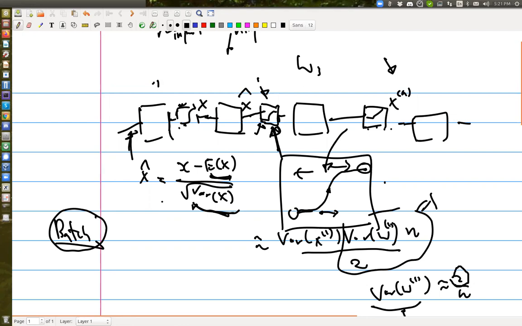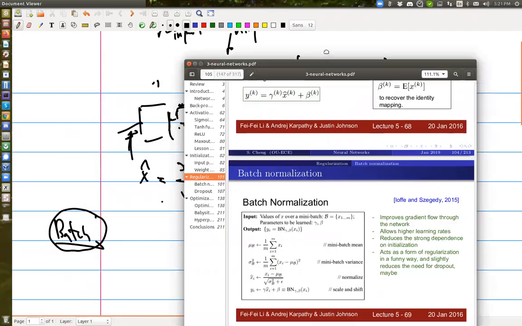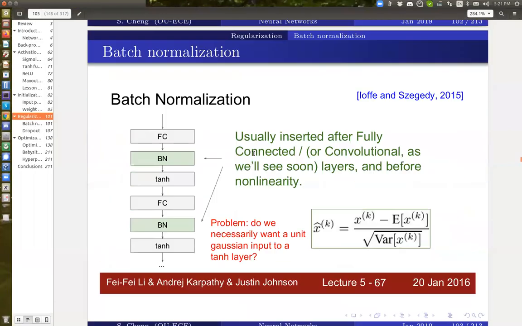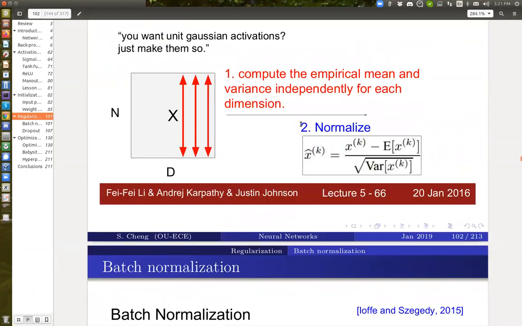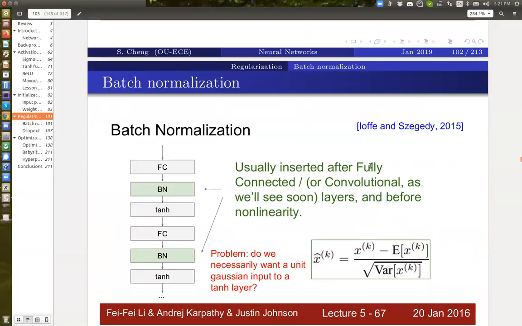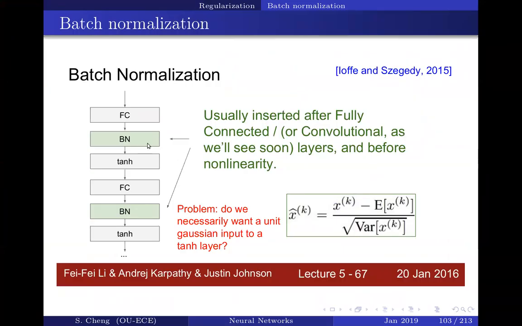Actually, maybe I can just show this slide here. So this is just what I said: we can normalize that input into this one. And batch norm is typically inserted just before the activation function, for example, just before the tanh function here.